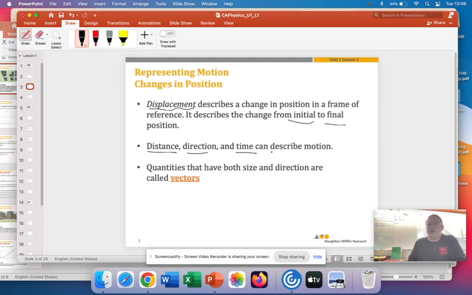Those can all describe the motion: how long it took, which direction it went, and how far it went. When we talk about a quantity of any of these things that has both size and direction, we call those vectors.